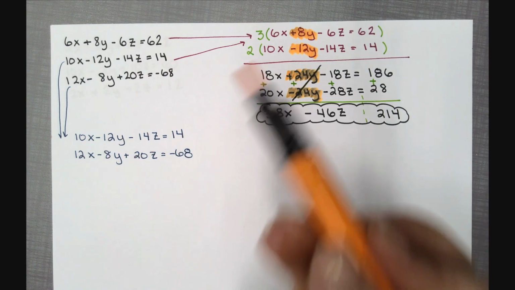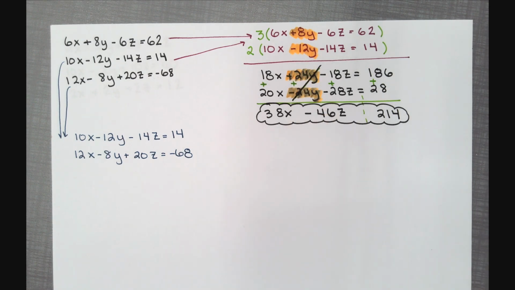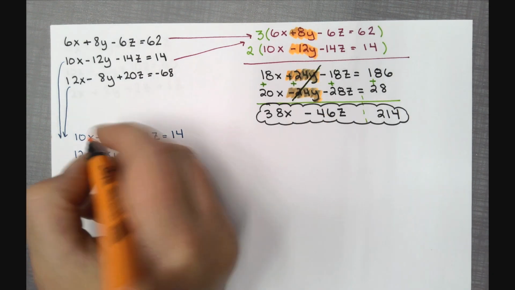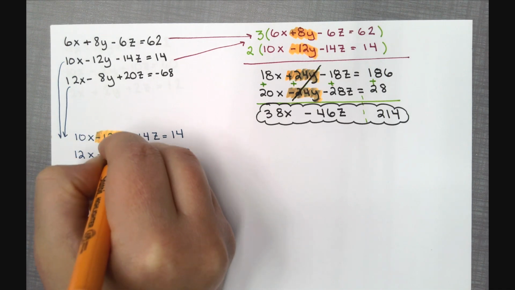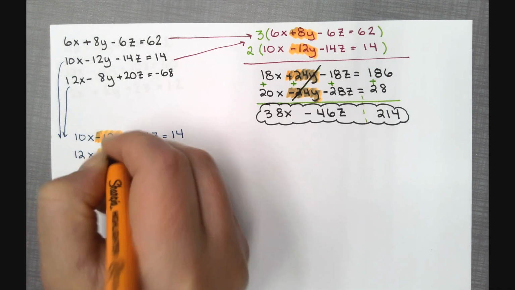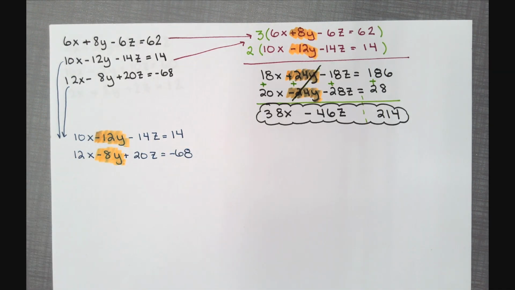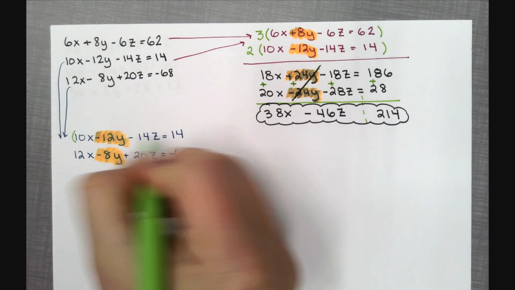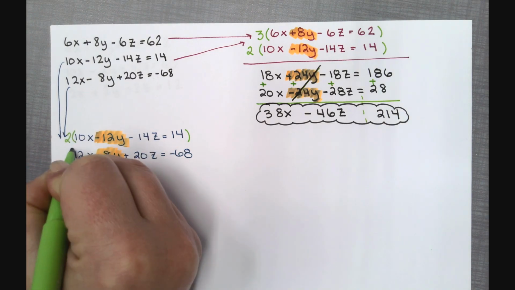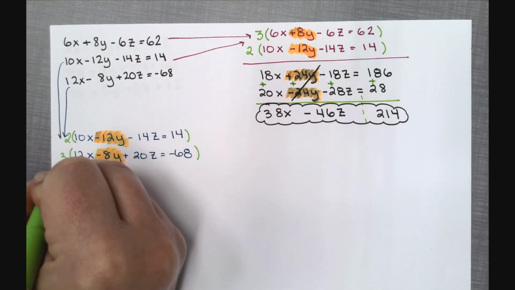In step number 1, it was my choice to eliminate y. In step number 2, I don't have a choice. I must eliminate y. And I'm noticing I have a 12 and an 8, so I do need to multiply both top and bottom equations in order to get them to match. So I'm going to multiply the top one by 2, and I'm going to multiply the bottom one by 3.